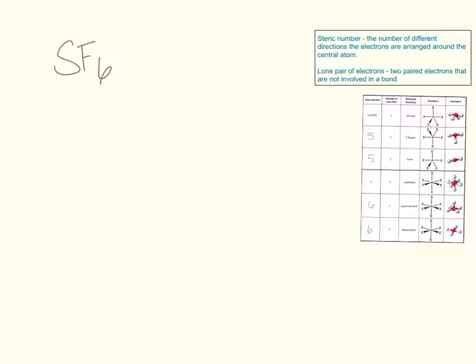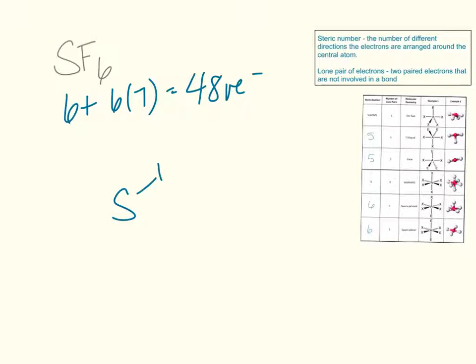All right, last one, SF6. So sulfur has 6 valence electrons plus 6 times 7 for each fluorine, so that's 48 valence electrons. Sulfur goes in the middle, and we've got 6 fluorines. So right now there's 2, 4, 6, 8, 10, 12, 14, up through 48 electrons.